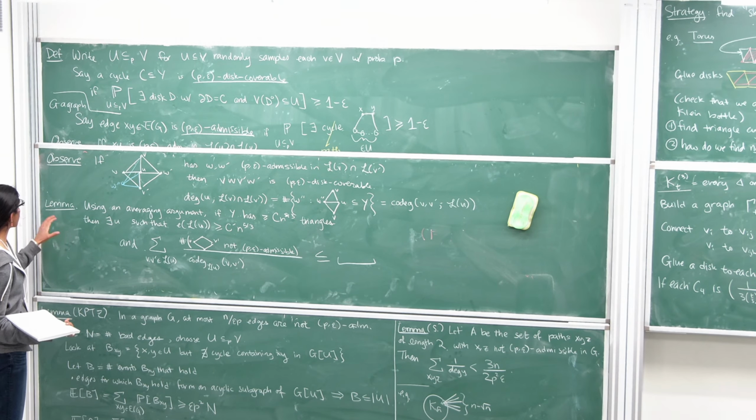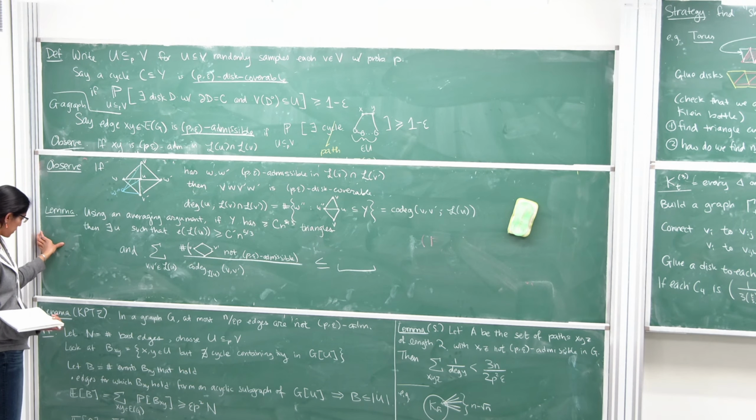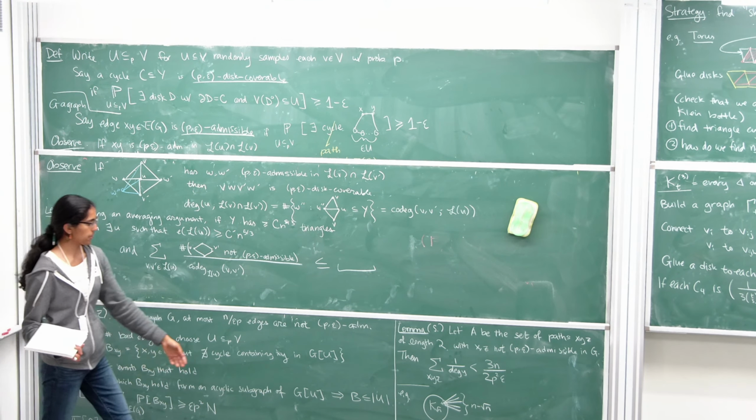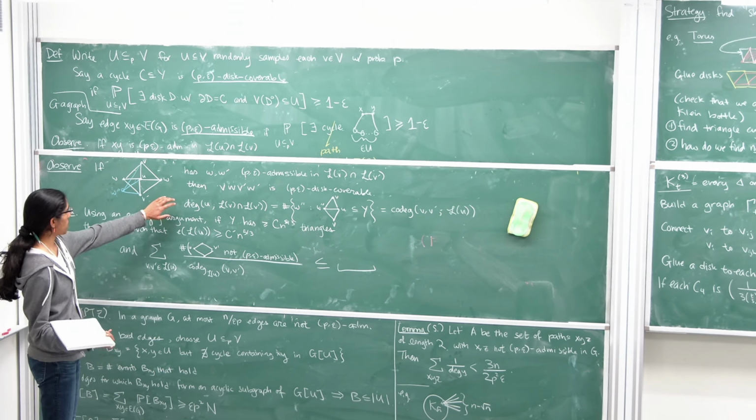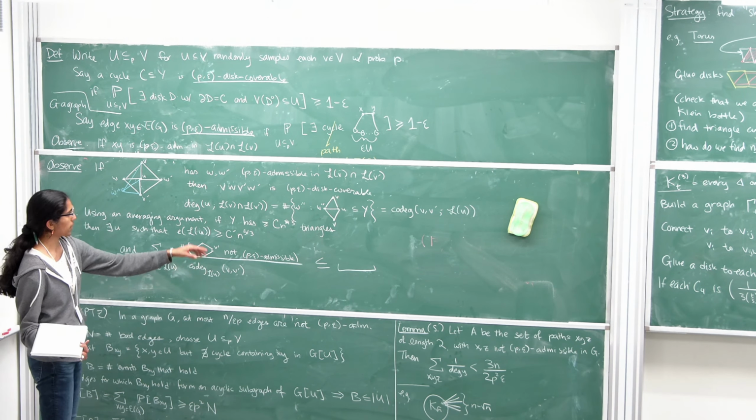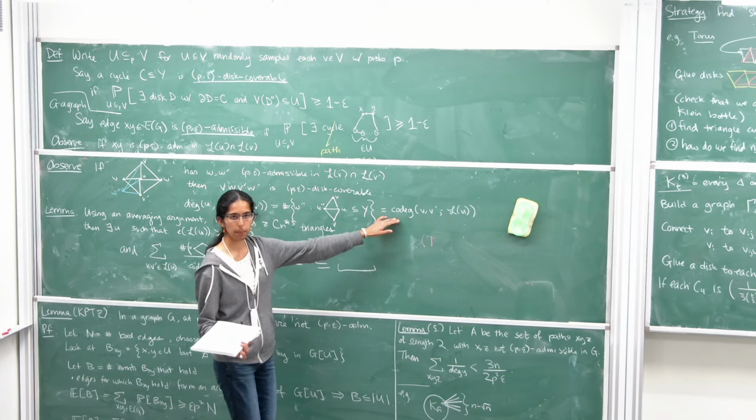But the point is that this follows almost immediately from the lemma I wrote down here, because of this observation that this 1 over the degree term can be rewritten as the codegree of B and B prime.